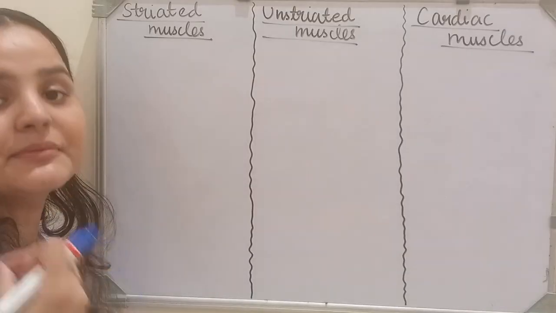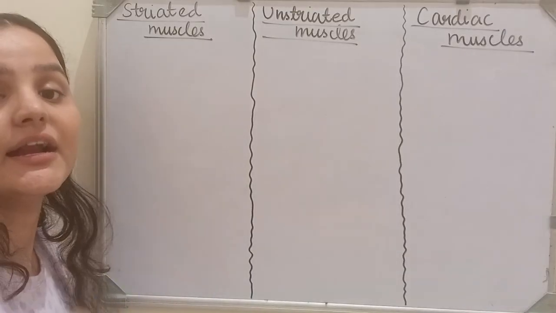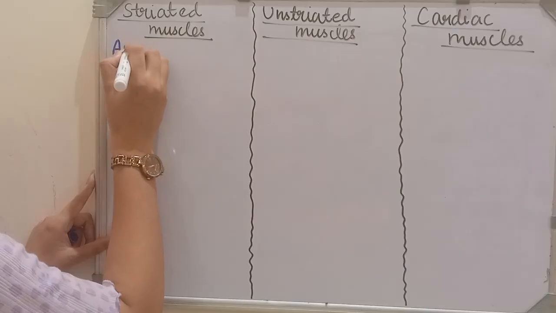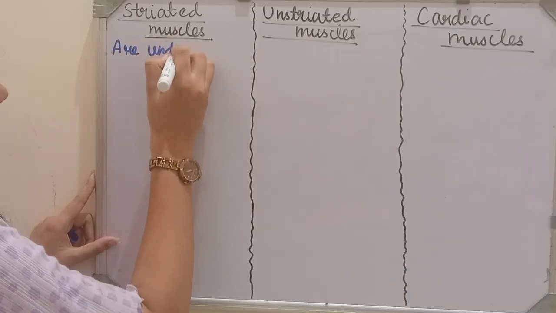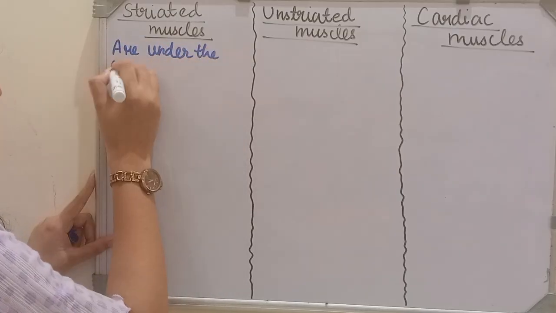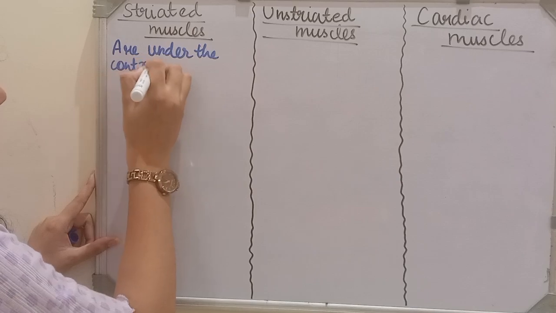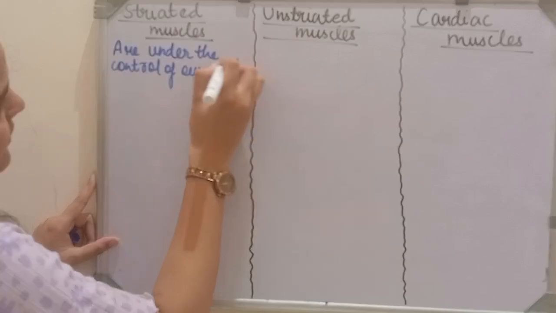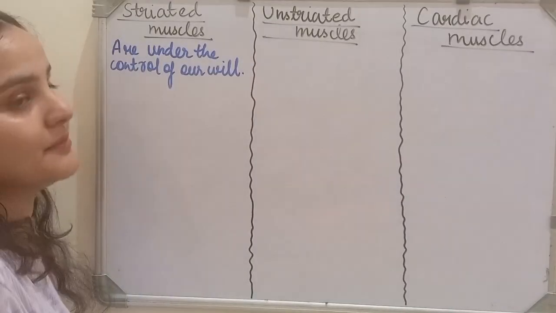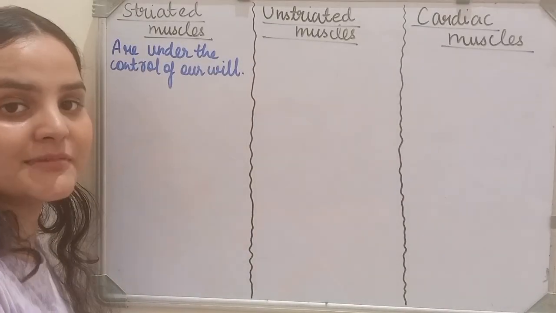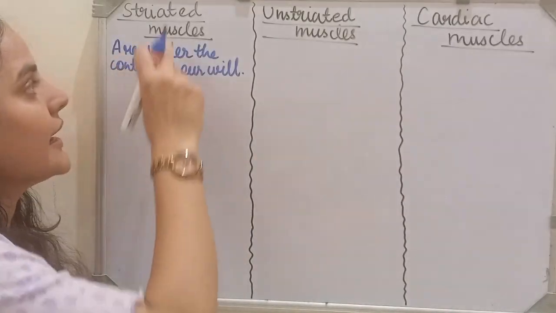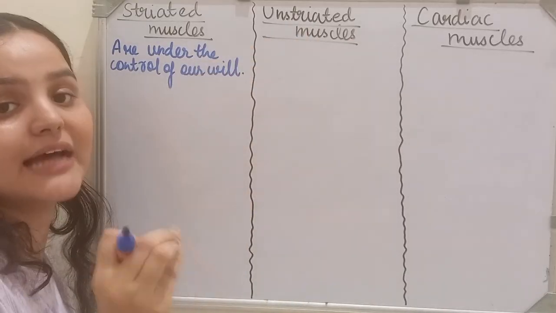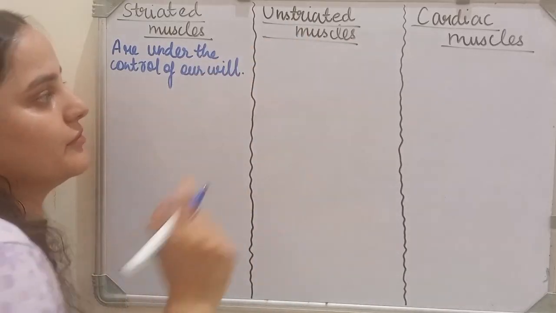So striated muscles are the muscles that are under the control of our will. Let's write it. Are under the control of our will. Means we can control them. Like if we want to move that muscle, we can move that muscle. So it depends on our choice. Now, unstriated muscles are the muscles that are not under the control of our will.